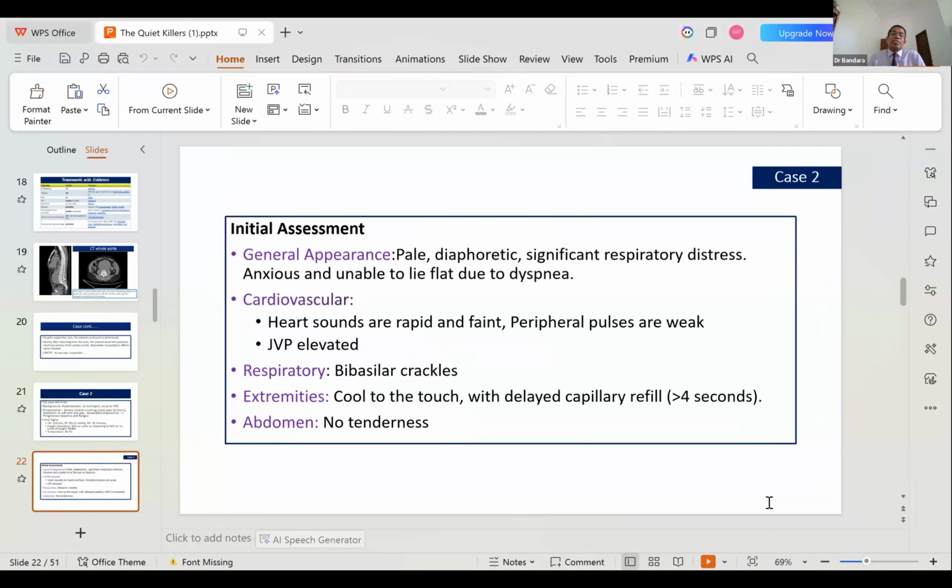On initial assessment he is diaphoretic, cardiovascular he has a faint rapid heart rate and weak peripheral pulses. In addition, he has bilateral basal crepitations and cool clammy extremities with capillary refill of more than 4 seconds.